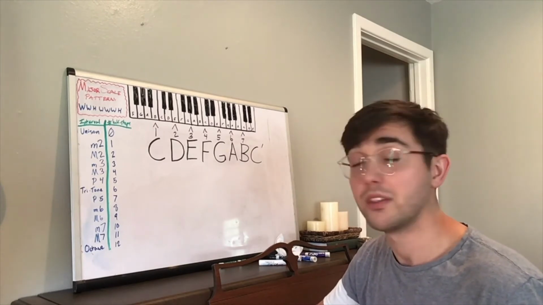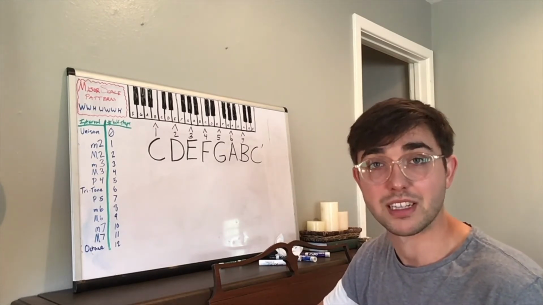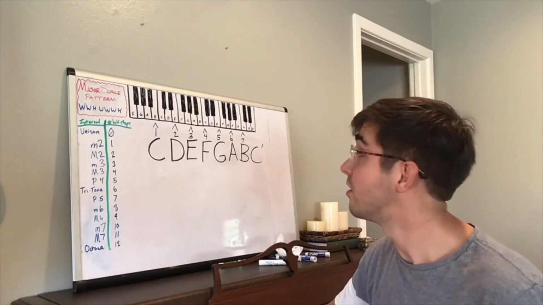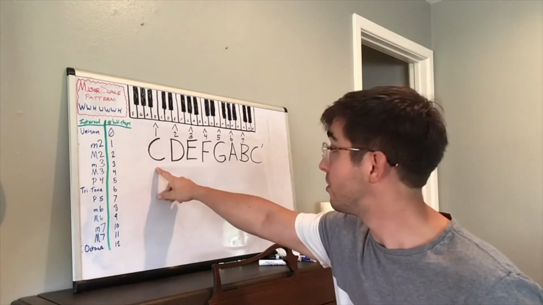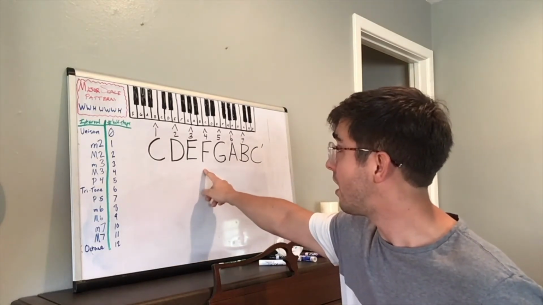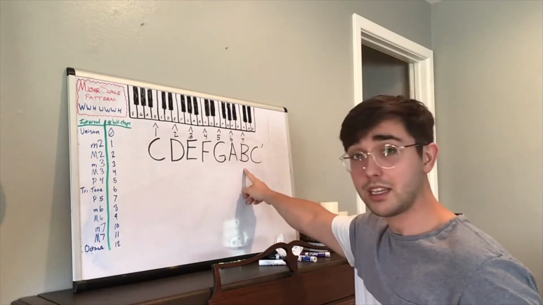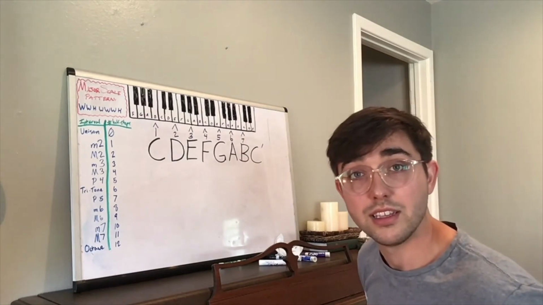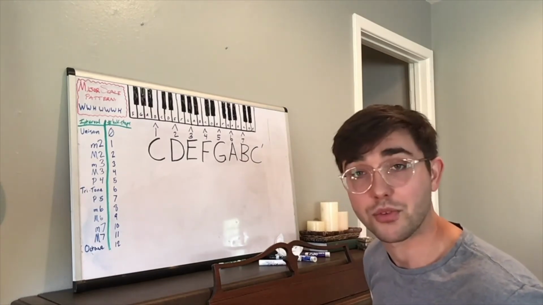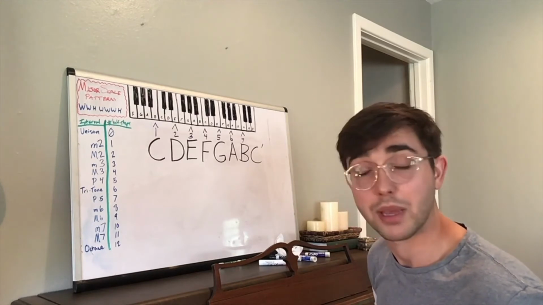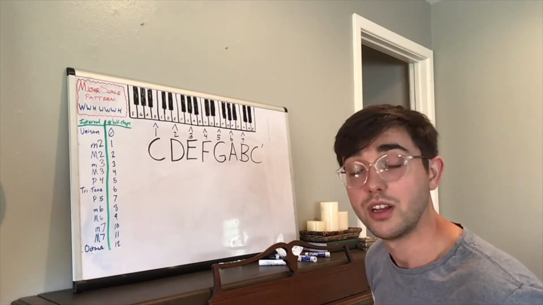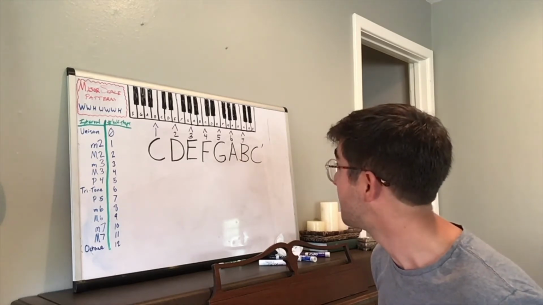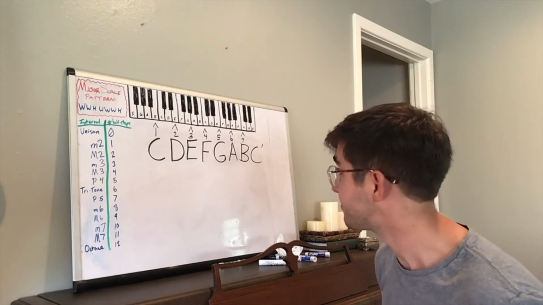So what solfege does is it takes a syllable and assigns it to each scale degree of the major scale. So we have do, re, mi, fa, sol, la, ti, and then do. So that is solfege. It's super helpful to learn how to sing a major scale, but also helps you to learn how to read music quicker, and it builds that ear training in.